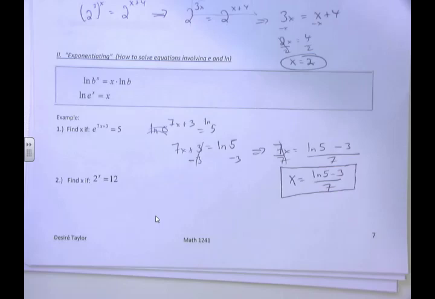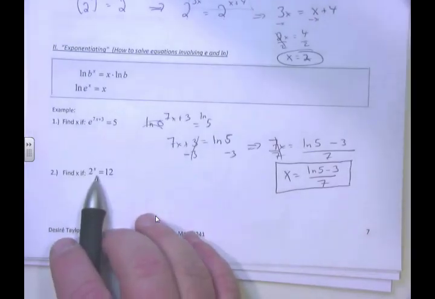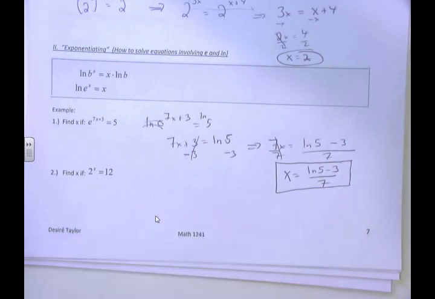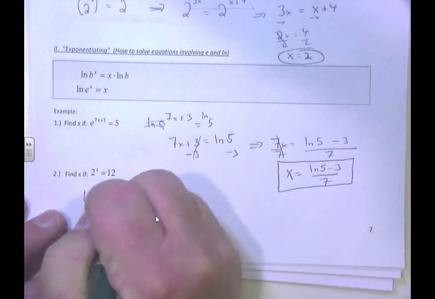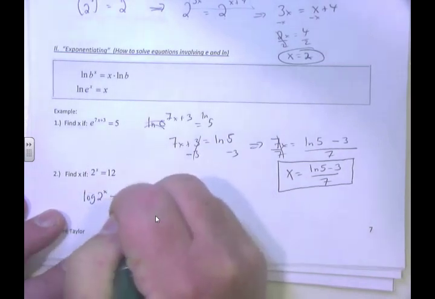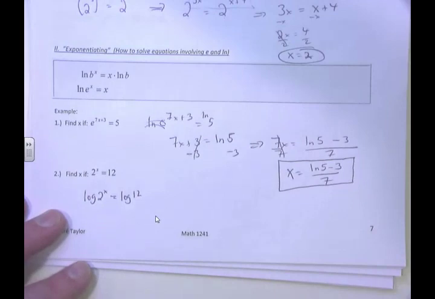When you've got a variable in the exponent, and you need to solve for it, so you can bring it down, you want to use a log on this thing. I can use either common log or natural log. It wouldn't matter. Let's use the common log. I'll show you. If I take the log of both sides, the reason I choose either common log or natural log is because I want the ability to convert it to a decimal when I need to.